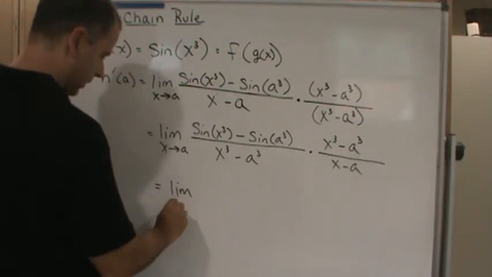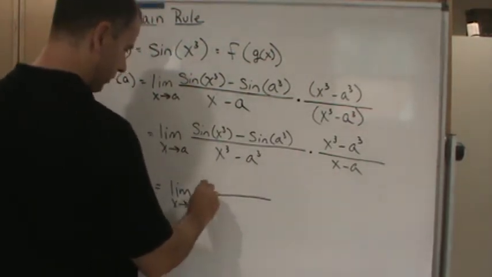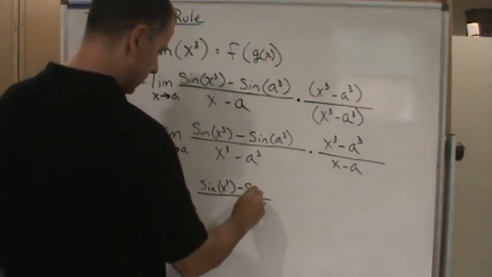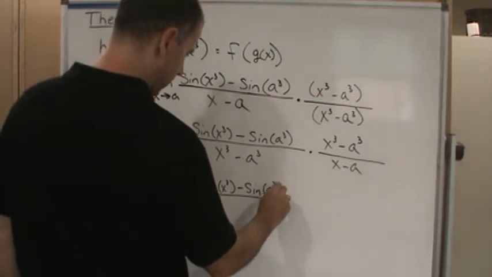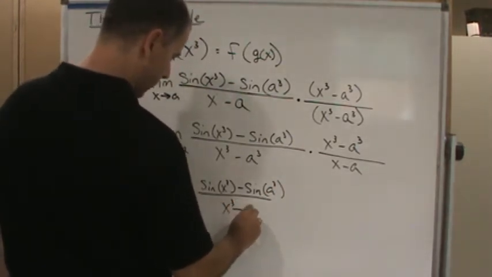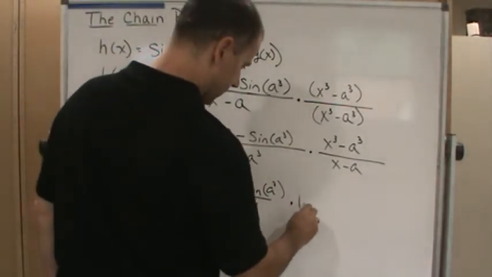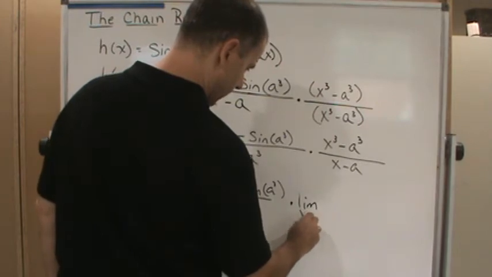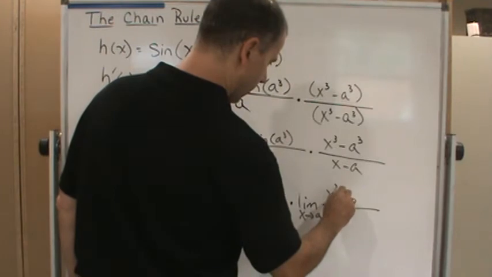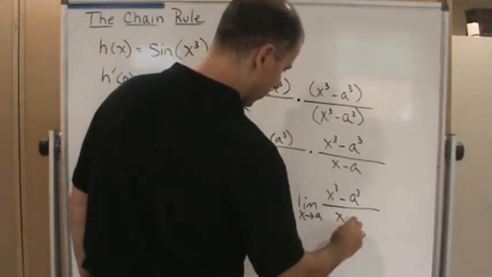So the limit as x approaches a of sine of x cubed minus sine of a cubed over x cubed minus a cubed, times the limit as x approaches a of x cubed minus a cubed over x minus a.